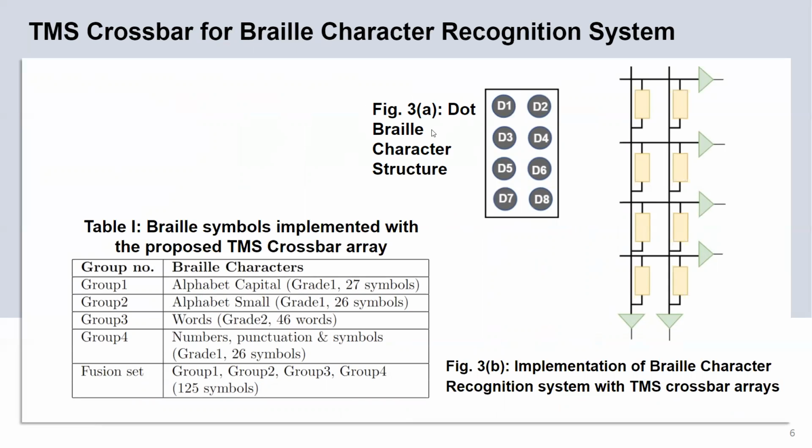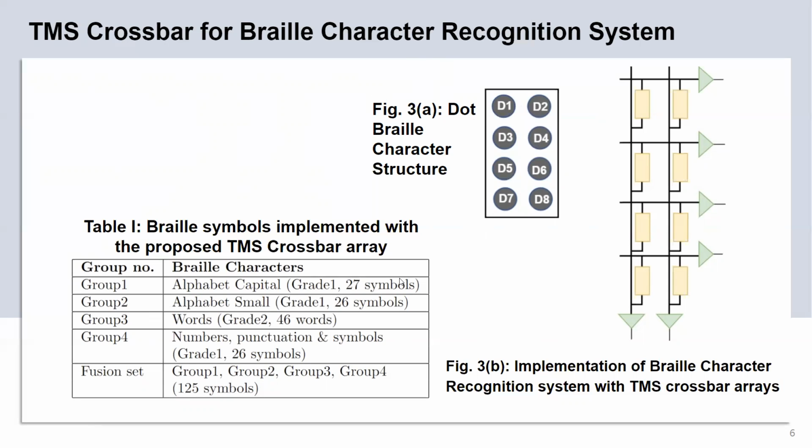The first layer of the Braille system is implemented with the TMS crossbar array, and the subsequent layers with the 1T, 1M memristor crossbar configuration. Each Braille character is represented with 6 dots: D1, D2, D3, D4, D5, and D6.